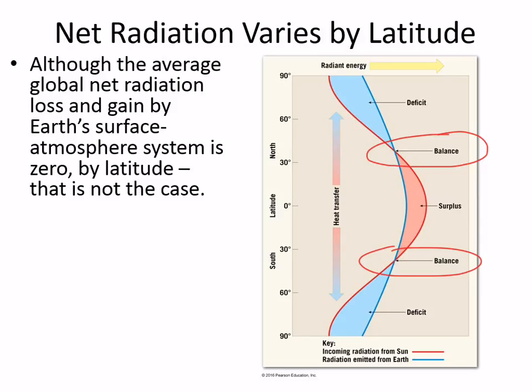Here's 30. Well, I guess it goes 15, so here's 30, here's 45, so 38. Oh, it's north of Florida. Florida's about 30, so it'd be right about here, maybe. So right about there, throughout the year, the amount of energy it receives is balanced by the amount of energy that it gives up. Aside from that, it's not.